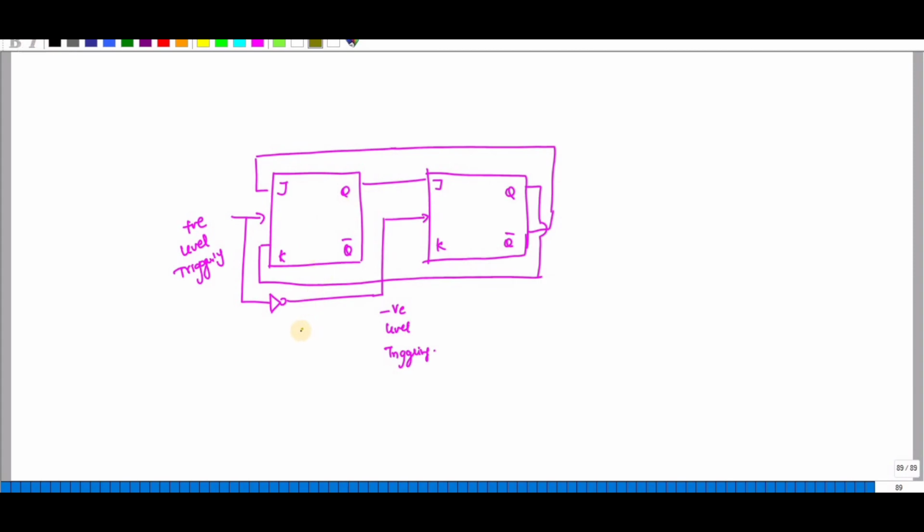When this acts as a master, this acts as a slave, because when the clock is positive, the A flip-flop will be active, and the B flip-flop is inactive. If this is 1, this is 0. So if this is master, this is slave. In the other case, during this time, this will act as a slave and this will act as a master.